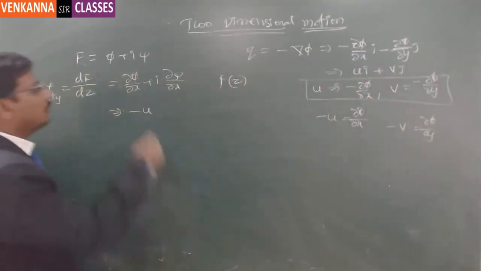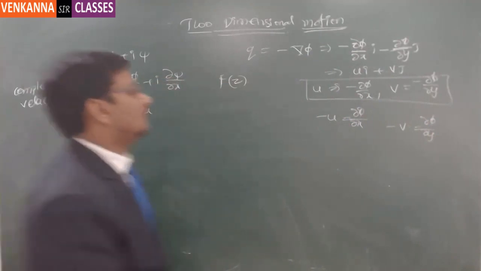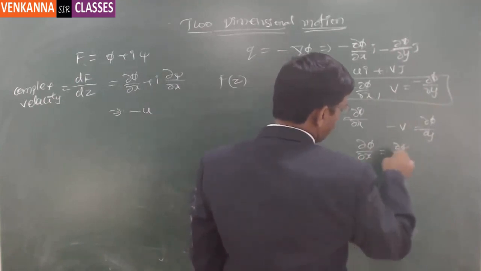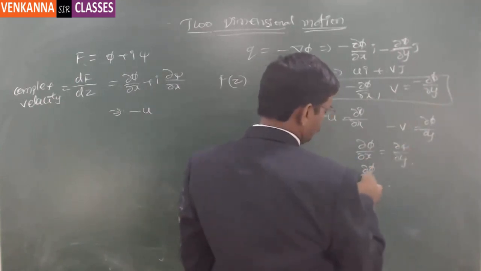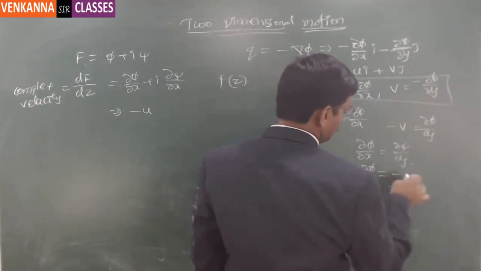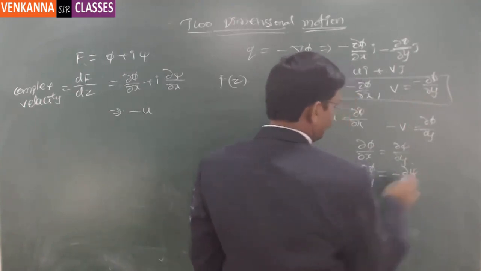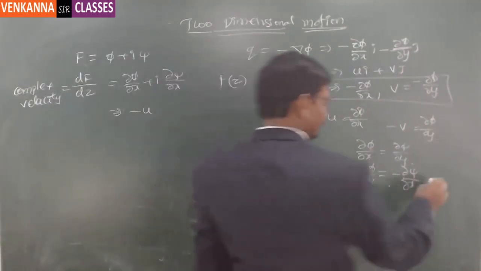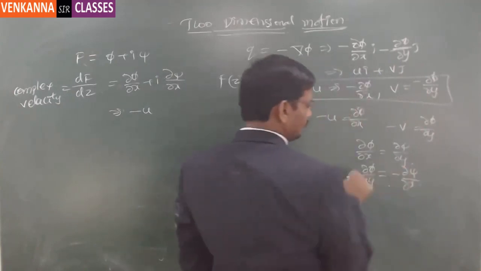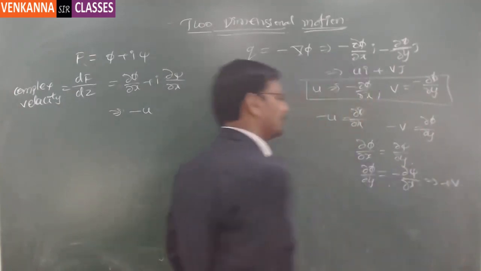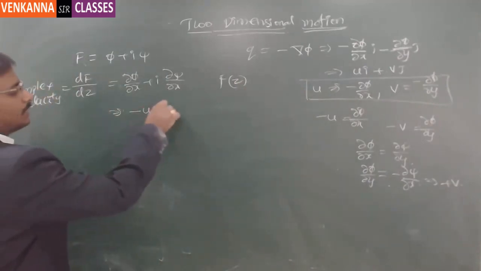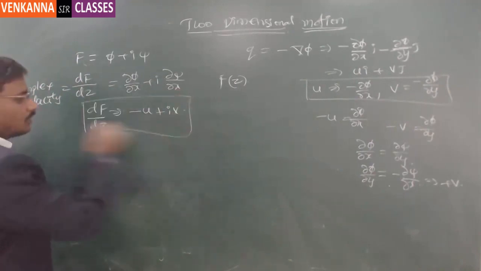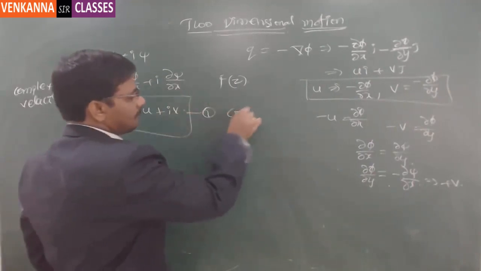As per the Cauchy-Riemann equations, ∂φ/∂x is equal to ∂ψ/∂y, and ∂φ/∂y is equal to minus ∂ψ/∂x. Now ∂ψ/∂x you can replace with minus of ∂φ/∂y, and minus of minus will come as plus v. So plus i times v. So this is df/dz, which is what we call the complex velocity.